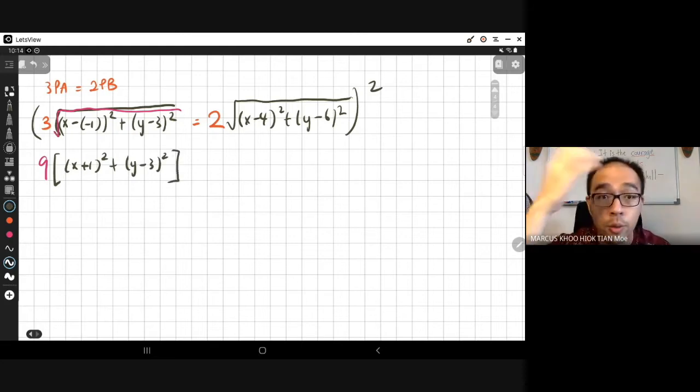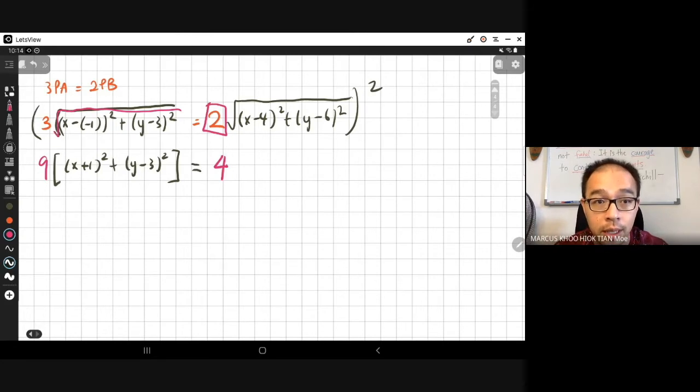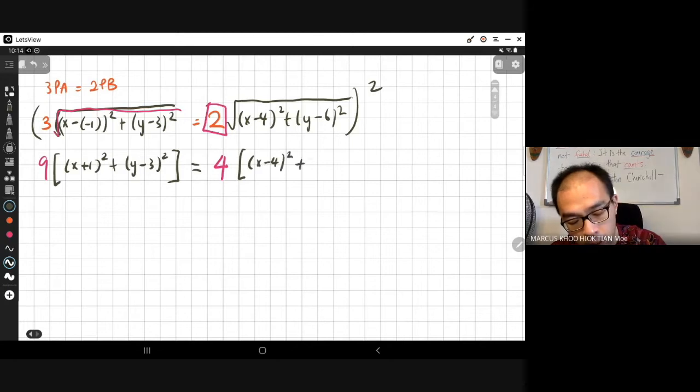The square root will disappear. That's our purpose, that's why we square the whole thing, so that we can get rid of the square root. Equals 2 squared, which is 4. And then again you have the same thing, the square root disappears: (x minus 4) squared plus (y minus 6) squared.